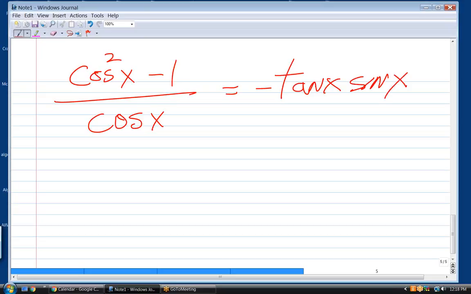Now, in reality, when you have these, you can actually mess with both sides, but they prefer it if you mess only with the more complicated side and make it look like the right side.